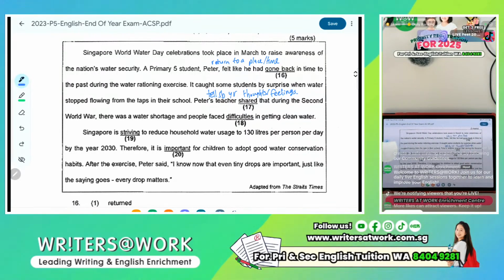There was a water shortage and people faced difficulties in getting clean water. Difficulties means not easy to do or understand. Singapore is striving to reduce household water usage by 130 litres per person per day. So when you strive to do something, you are making great effort to achieve something.